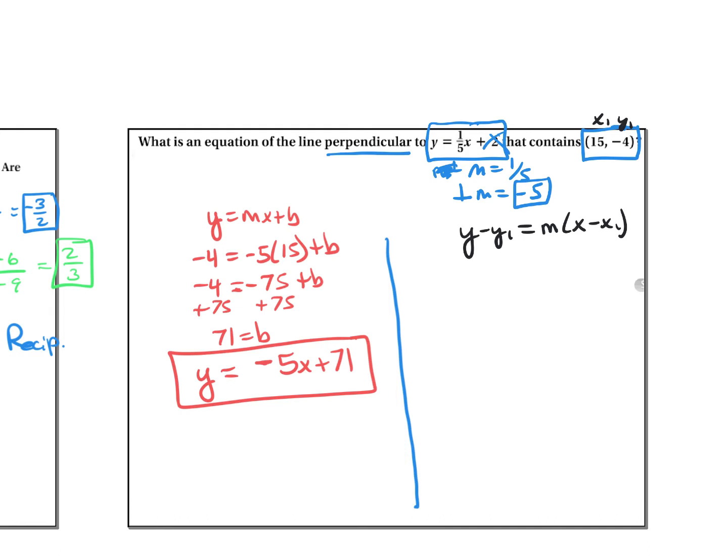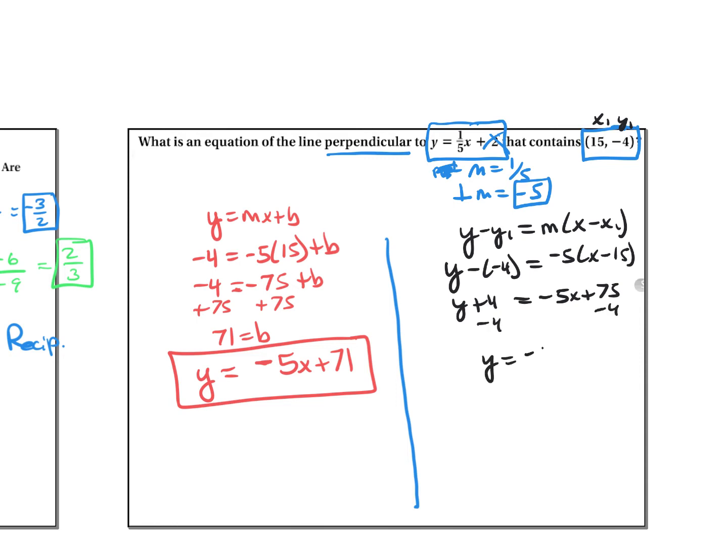So over here, we're going to be doing point slope form. And so you get y minus -4 equals the slope times x minus 15. So this is y plus 4. And we're going to distribute the -5 in. And then subtract 4.